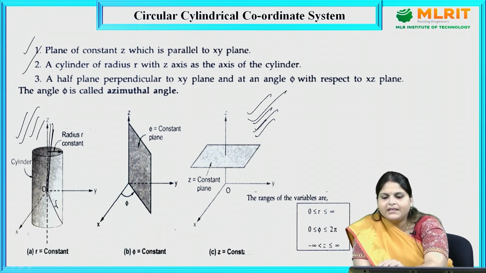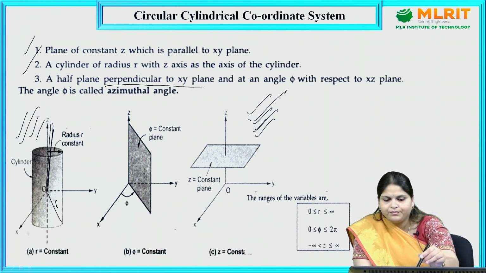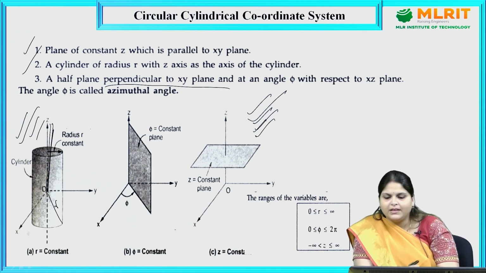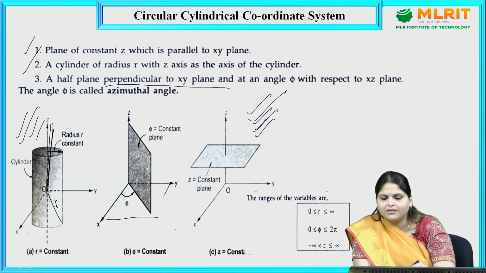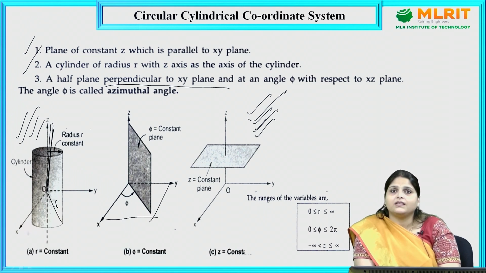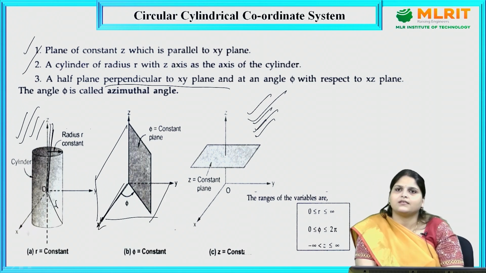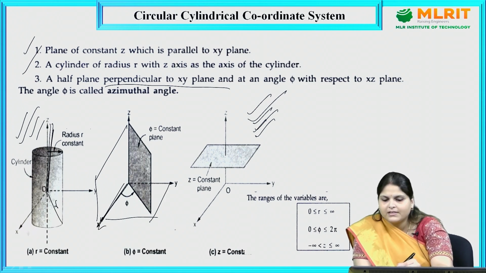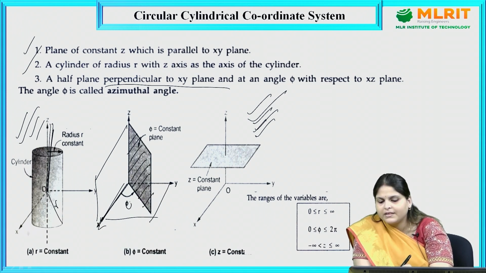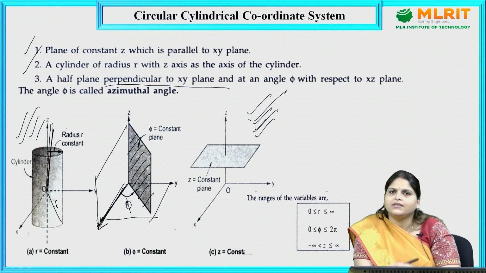And third, we need a half plane which is perpendicular to the xy plane, and it is forming an angle phi with respect to the xz plane, or in simple language, it is forming an angle with the x axis. This is the half plane we need, and the angle is given by phi with the x axis.